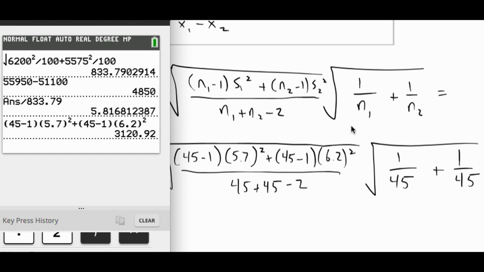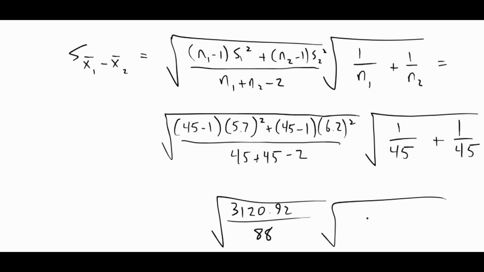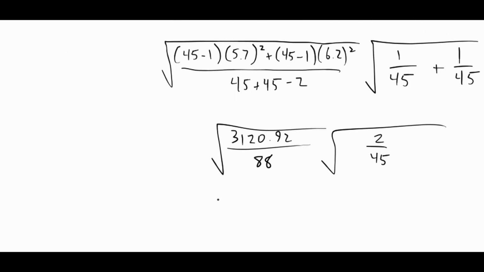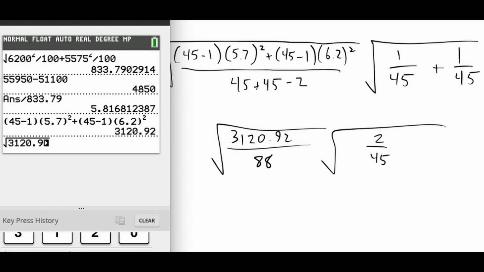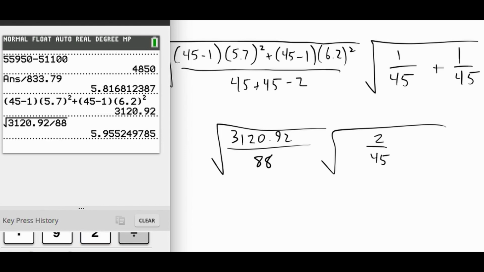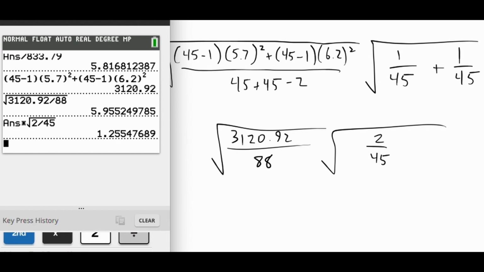Okay, so I get 3120.92 over 88. We'll calculate those. I get 1.26 for the whole thing.